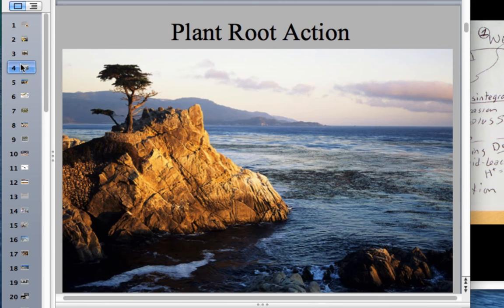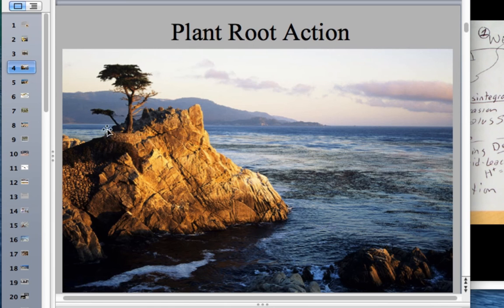Another example of physical weathering is here's the iconic coastal California, and the Lone Cypress on the 17-mile drive. So as this tree gets bigger, it's a picturesque region. The roots of this tree will go down into the cracks, and eventually, as the tree grows larger, it's going to force these cracks open and break the rock down.